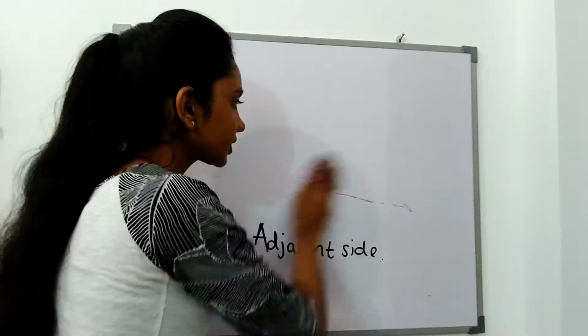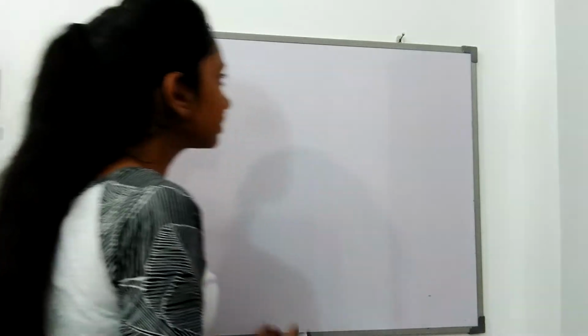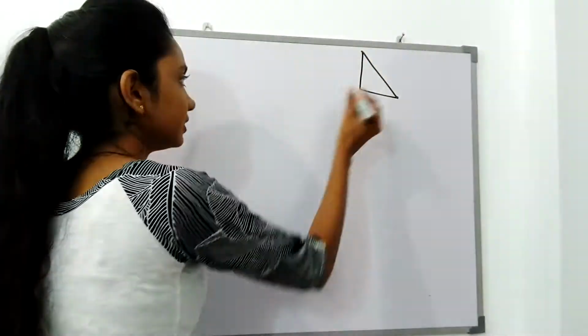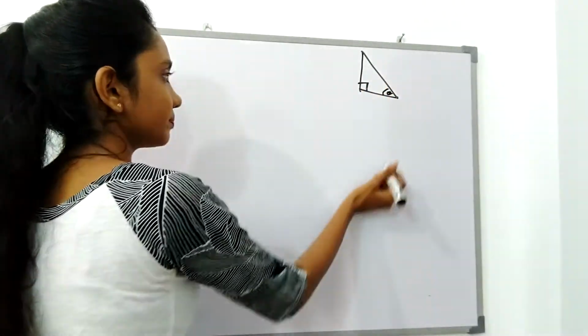Okay, now let's learn about that. There are three types of trigonometric ratios. Now I will draw this right angle here. This is the right angle and this is the angle we're going to consider.